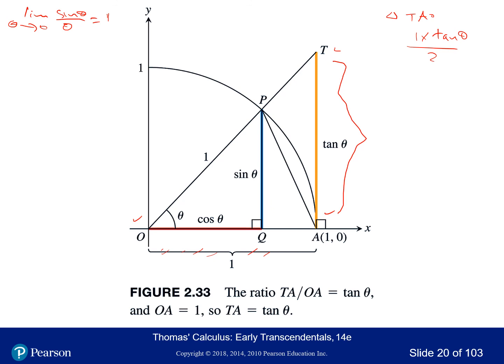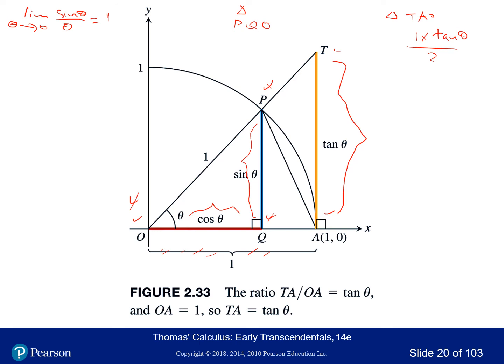Now let's take a look at the area of the smaller triangle. The smaller triangle is the triangle defined by P and Q and O. Here is P, here is Q, right here, and here is O. So we can say that this is the height, which is equal to sine, and this is the base, which is equal to cosine.